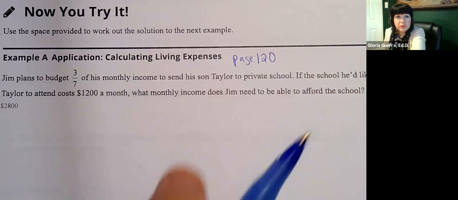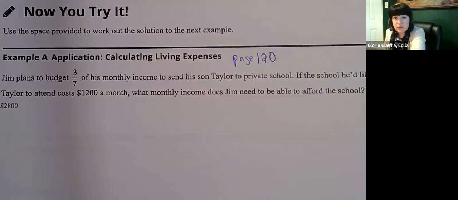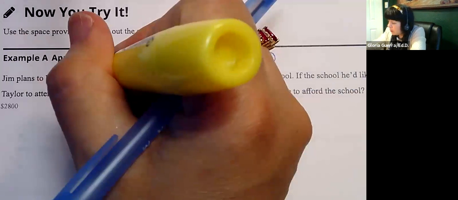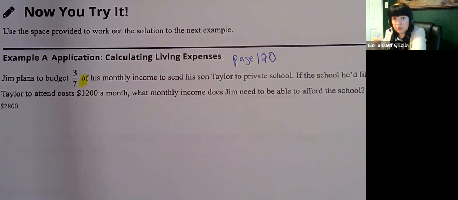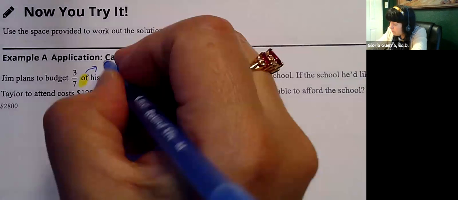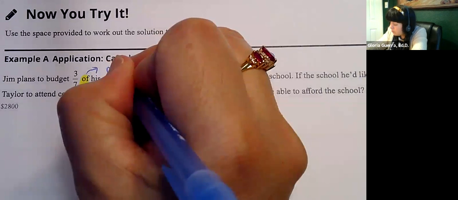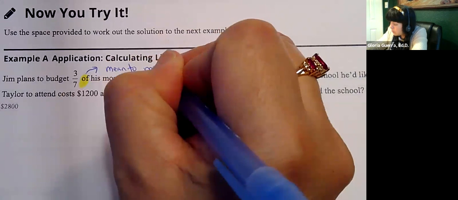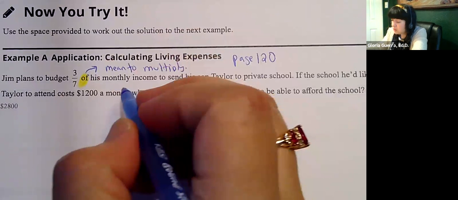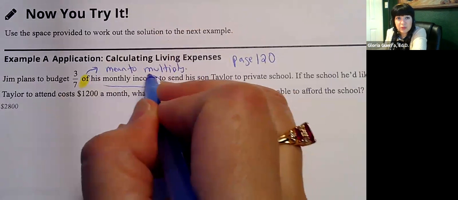So Jim plans to budget 3/7 of his monthly income to send his son Taylor to a private school. So I like showing this one because it uses the word of, and I like to demonstrate that oftentimes in math, the word of can mean to multiply. Okay. And we don't know his monthly income. It just says 3/7 of his monthly income.